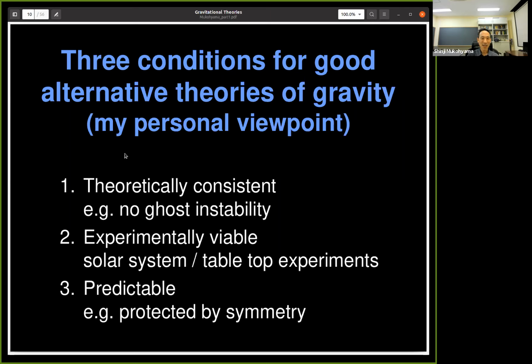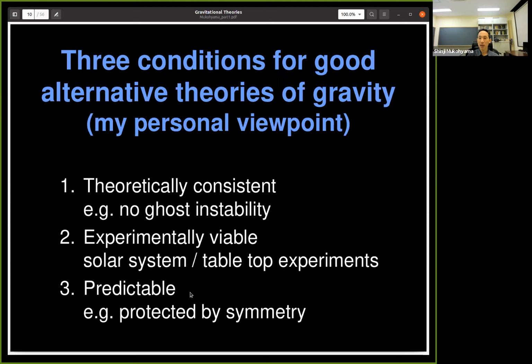First of all, the theory must be consistent, otherwise it does not make sense to consider it. For example, we want to avoid ghost instability. Second, the theory must be experimentally viable. If the theory is already excluded by experiments, then we cannot talk about it. And third, it would be great if the theory is predictable.